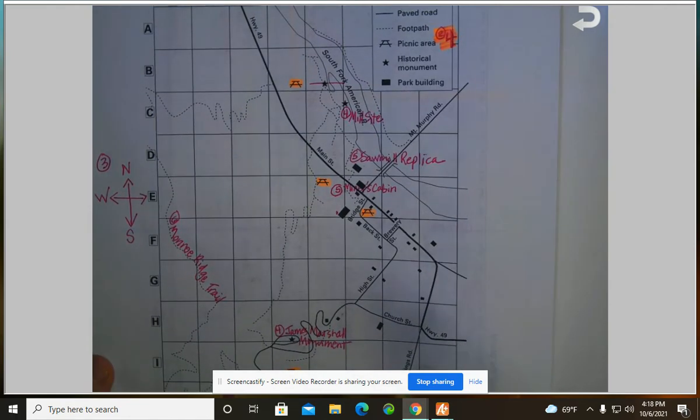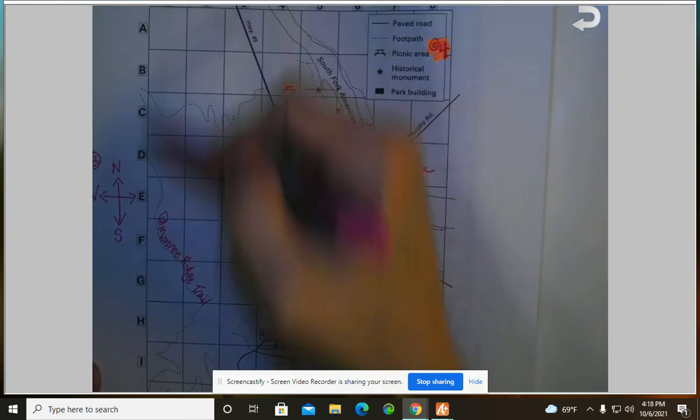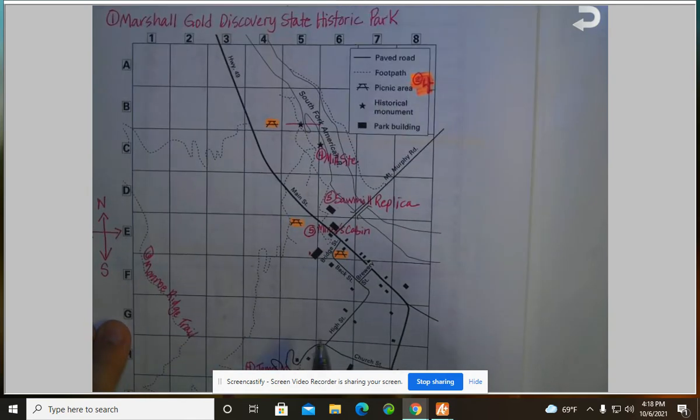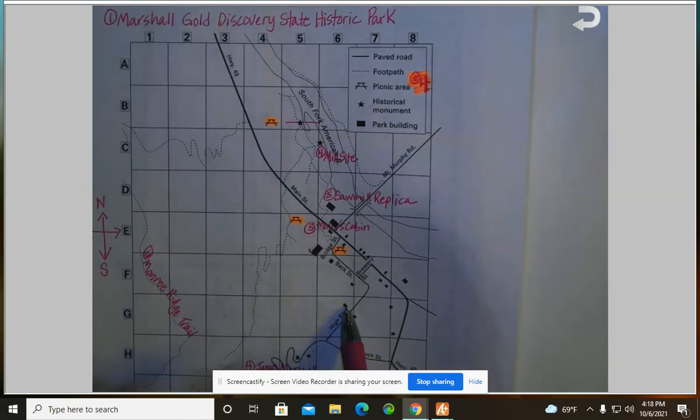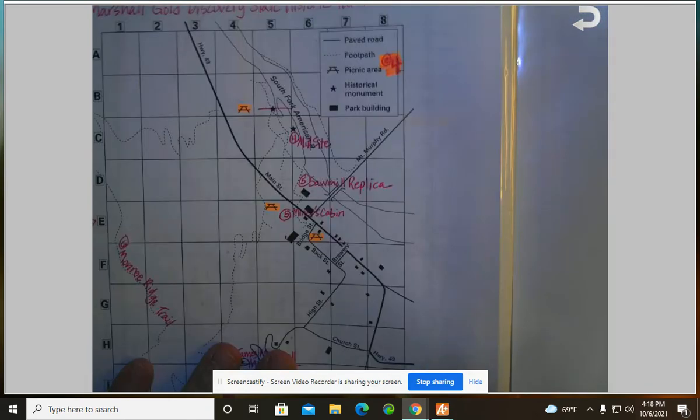Number 7, label the park building whose absolute location is G6. So go down to G6. So it's that right above High Street. So Thomas House.